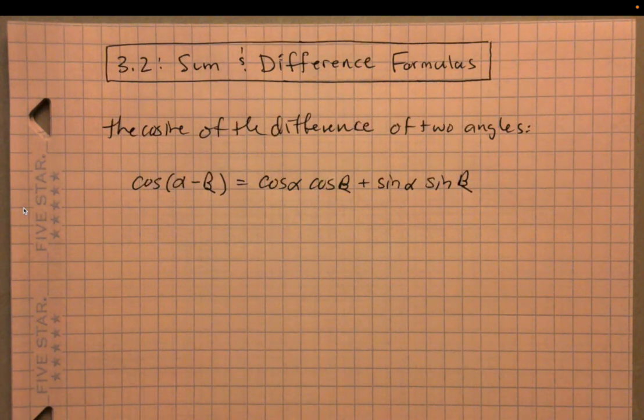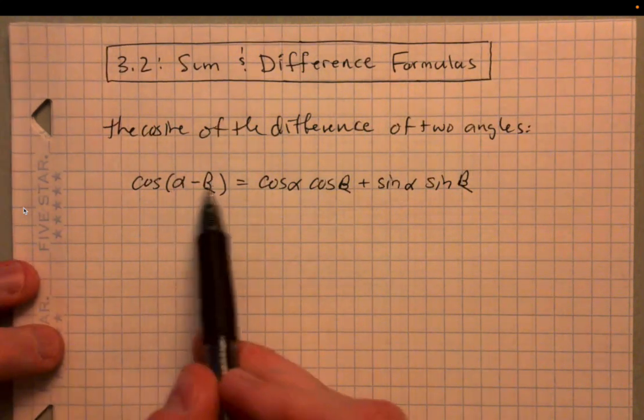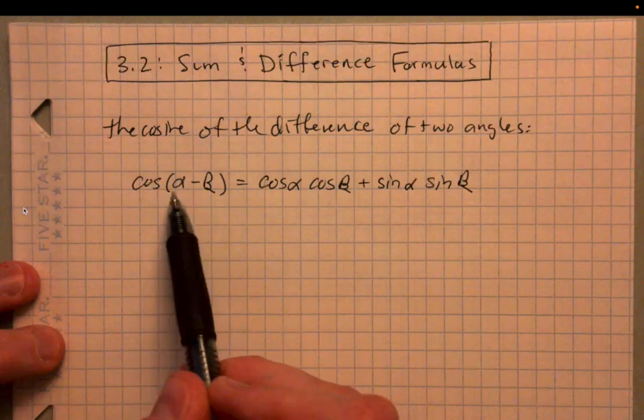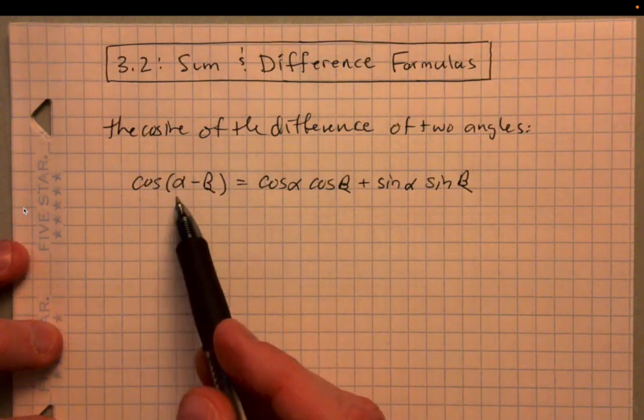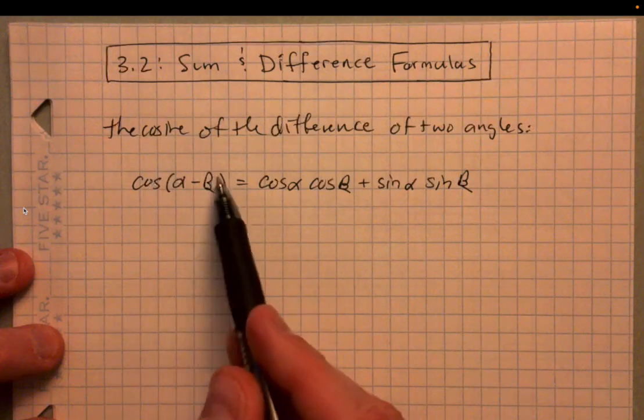Okay, and so this is one of the sum and difference formulas. I guess we would consider this a difference formula. So you've got the difference of two angles, alpha and beta. So alpha and beta are two angles. They could be the same angle, but they don't have to be. In general, they do not need to be.